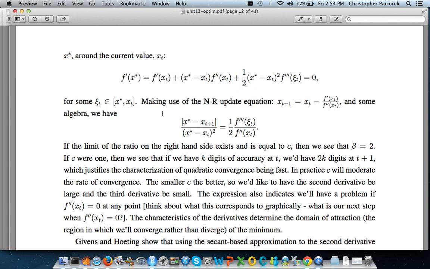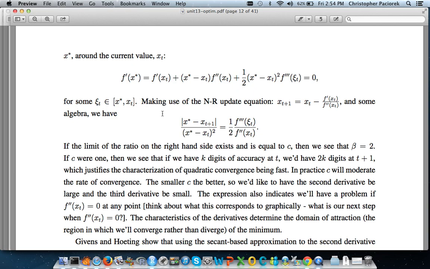And if we think about what's going on here, the ct is trapped between xt and x star. So this should be converging to f triple prime at x star, and this should be converging to f double prime at x star, as t increases, as the number of iterations increases.